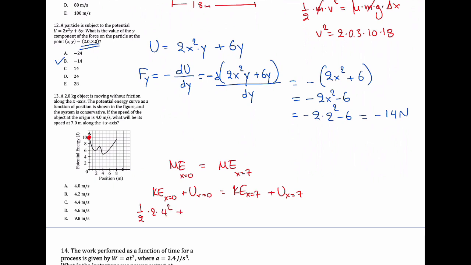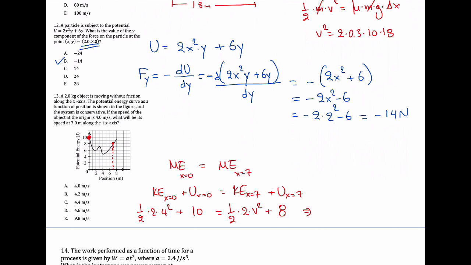And the potential energy at position 0, we can see clearly that it is 10 joules. The kinetic energy at position 7, actually we're going to find the speed, so we have to replace the kinetic energy with 1 over 2 m v squared. And the potential energy at 7 meters, we can see that it is 8 joules.